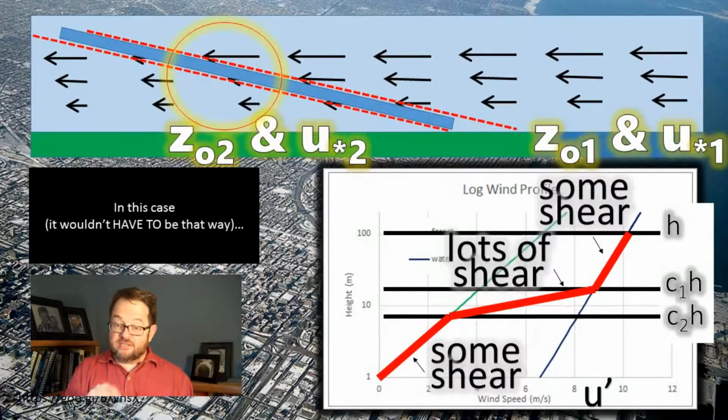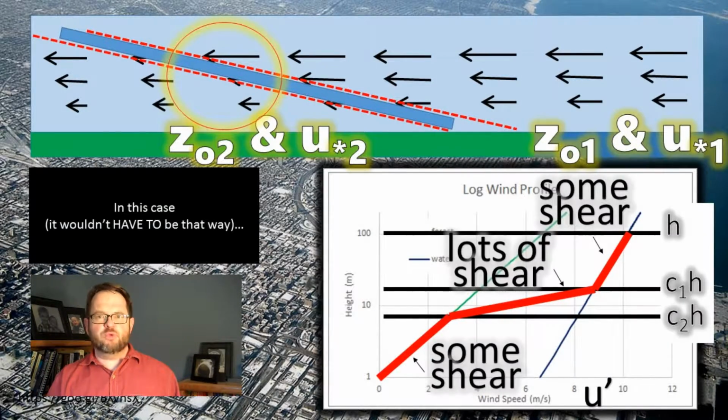In this particular case, I wanted to draw your attention to the fact that the slope of this line is about wind shear. Remember, wind shear is change in wind speed with respect to height, or du/dz. I hate that it's partial u, partial z, but whatever. So the slope of that line tells us something about wind shear. You can see we have some wind shear below the transition zone, and some above the transition zone.